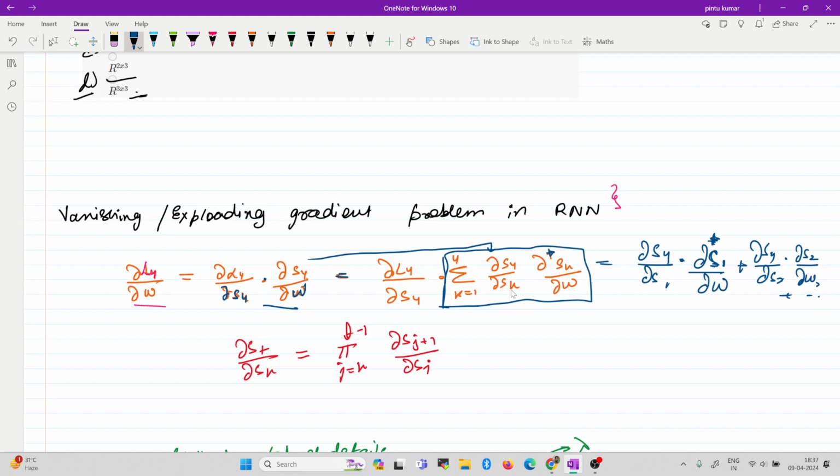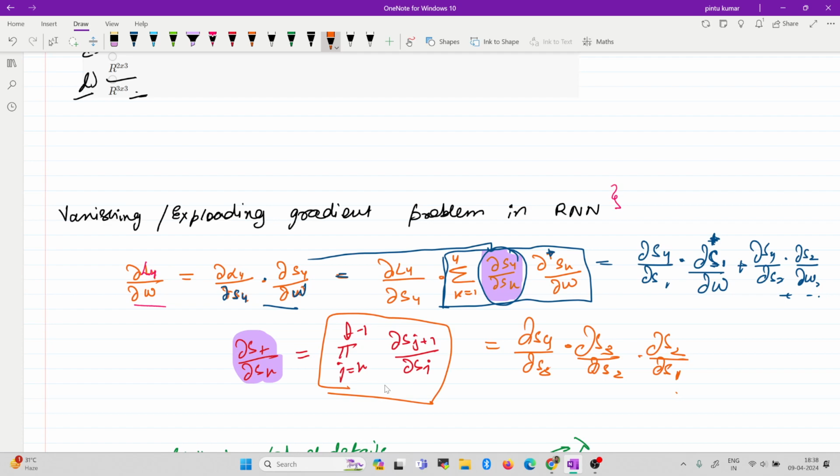Now if you just look at this particular term, only the del S4 by del Sk terms, this can further be expanded as a product of these kinds of terms. If you have del S4 by del S1, it would be del S4 by del S3 into del S3 by del S2 into del S2 by del S1. Then you will obtain your del S4 by del S1. So this is simply writing the thing as a product.